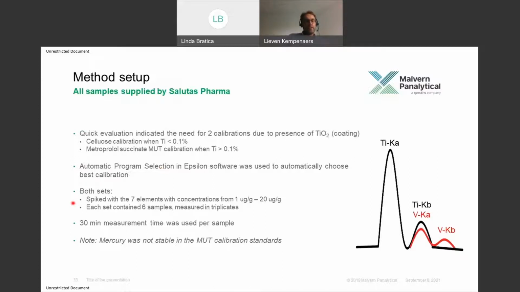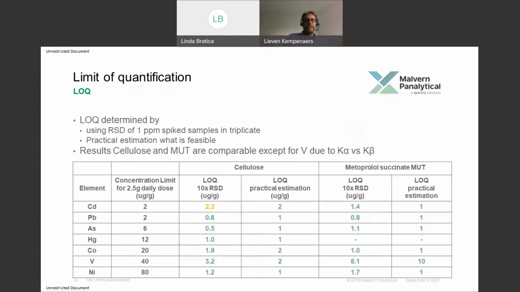So they used their own standards. They spiked those big 7 elements in low concentrations between 1 and 20 ppm. And then the total method per sample was half an hour. Okay. These are some results that the people at Novartis obtained with the instrument and also with their method.